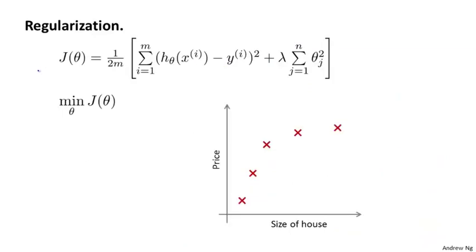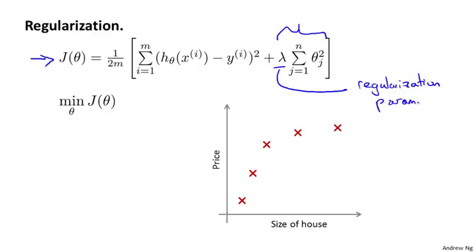Writing down our regularized optimization objective, our regularized cost function, here it is. Here's J of theta, where the term on the right is the regularization term, and lambda here is called the regularization parameter. What lambda does is control a trade-off between two different goals.